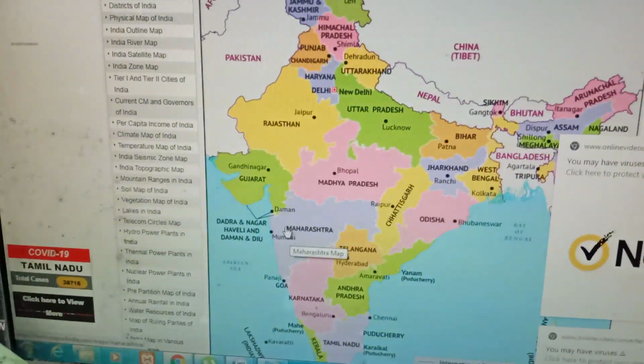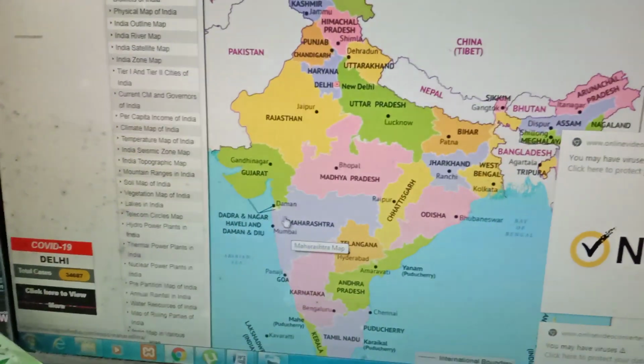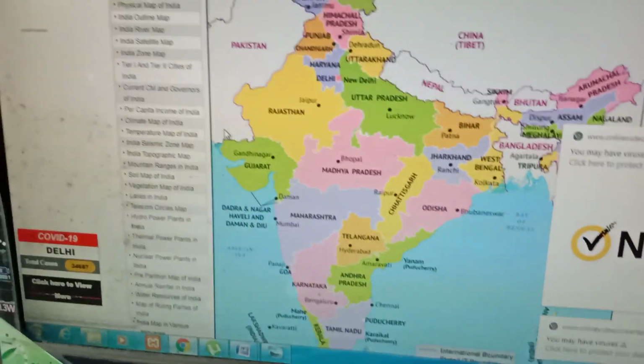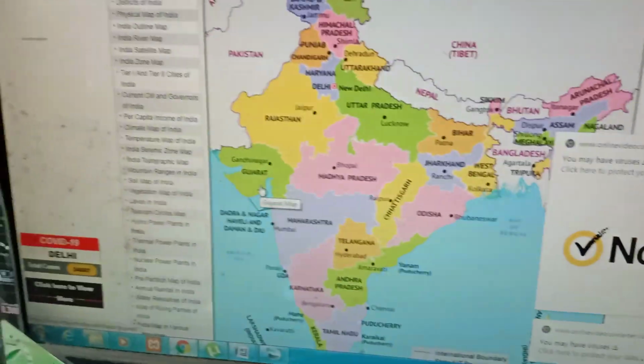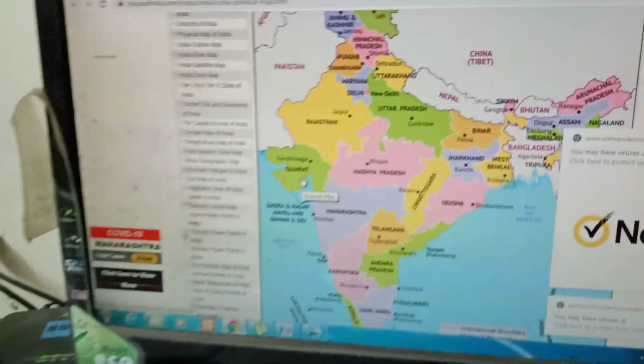So the special feature of Gujarat is that it has a long coastline. If there is a long coastline, automatically there will be several ports. By conquering Gujarat, Alauddin Khilji conquered all the ports.